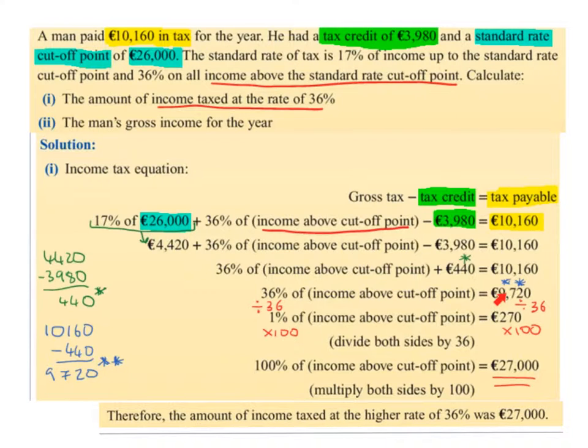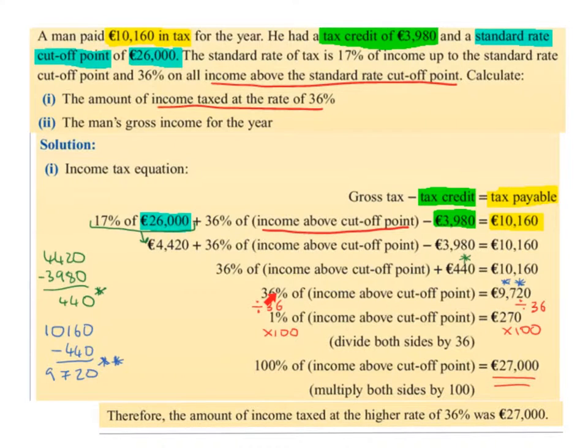So that's where that €9,720 comes from. So now we have 36% of the income above the cutoff point equals €9,720. So if we can make this 36% become 1%, then we can multiply by 100 to make it become 100%. And that's what we're really looking for, 100% of the income above the cutoff point.